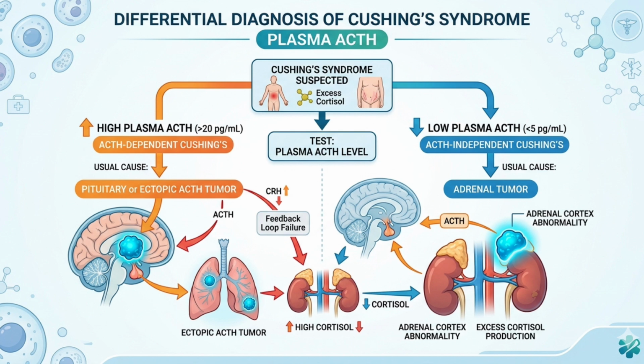However, if ACTH is low, typically below 5 picograms per milliliter, the condition is ACTH independent. This points to a primary adrenal issue, such as an adrenal tumor or hyperplasia, where the excess cortisol suppressed ACTH production through negative feedback. High ACTH means look for a tumor in the brain or lungs. Low ACTH means look directly at the adrenal glands.